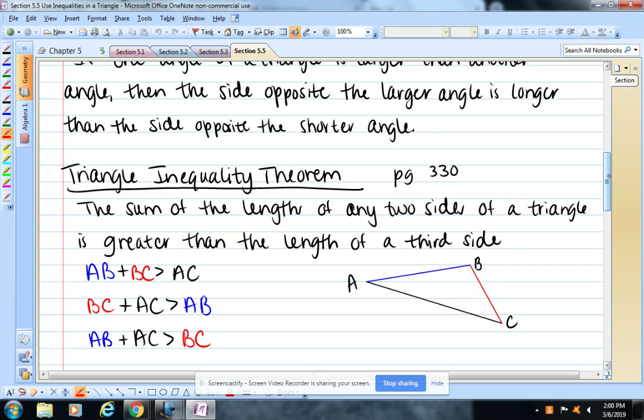And here's the second cool thing we're going to talk about in this lesson. Like I just told you, all three sides of different lengths don't necessarily form a triangle.